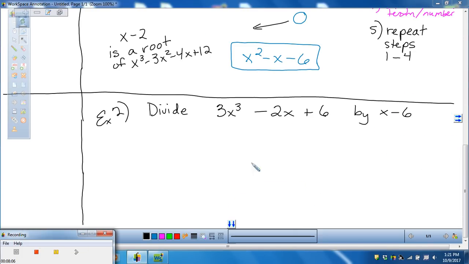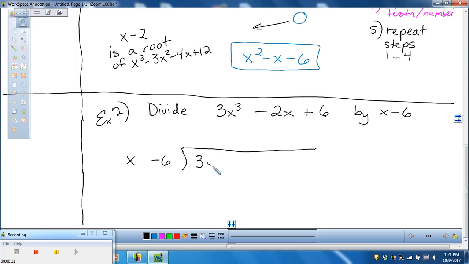Okay, welcome back. Example 2, this time I want to divide 3x cubed minus 2x plus 6 by x minus 6. So the first thing I'm going to do is set up my problem. x minus 6 is my divisor, it goes out here. 3x cubed minus 2x plus 6 goes underneath the division symbol.